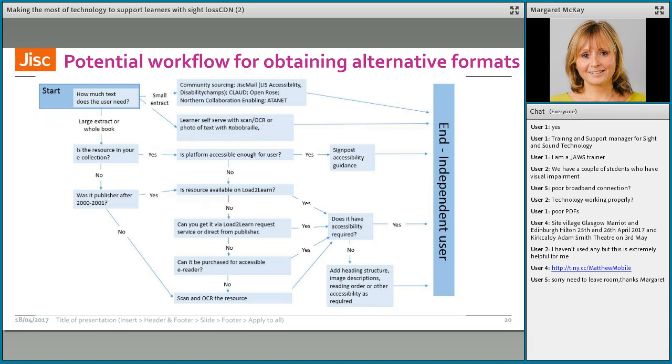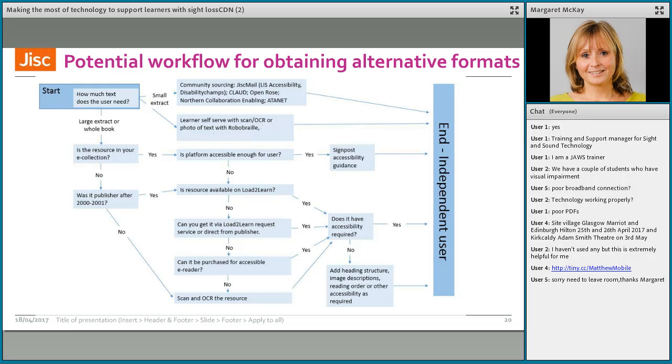I don't know if anybody here has had experience of seeking or accessing information in alternative formats, but by this we mean electronic digital talking books, large print, audio, or ebook formats. And ebook formats have really become a massive benefit for learners, who can access information in a more accessible way.